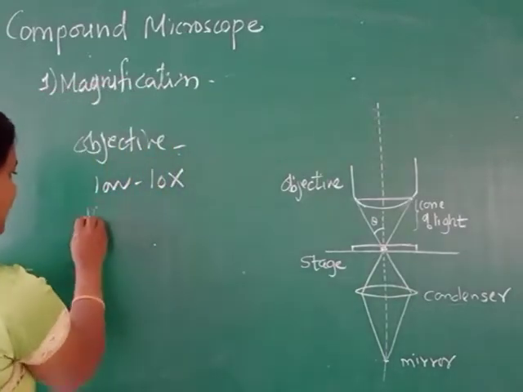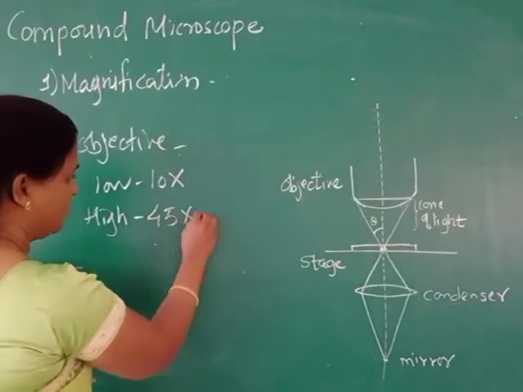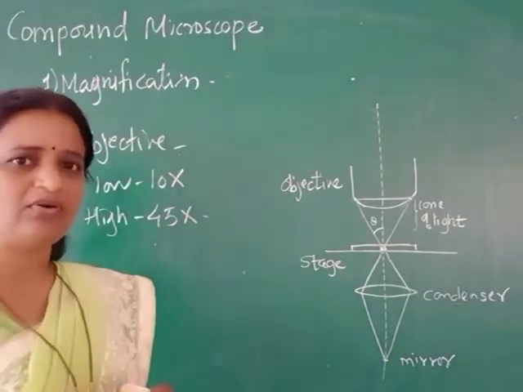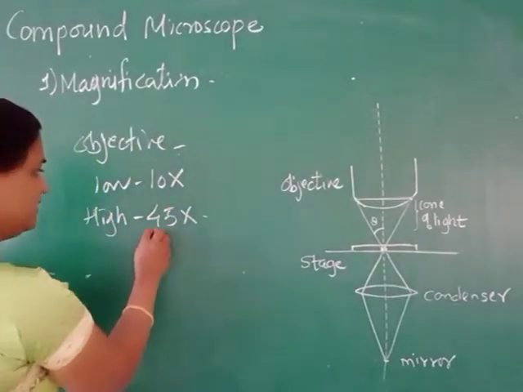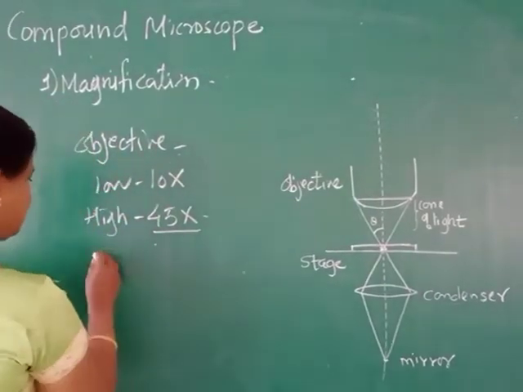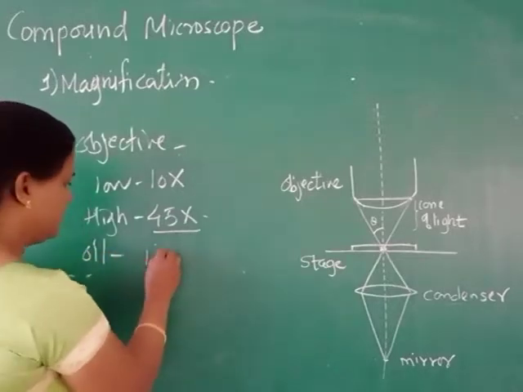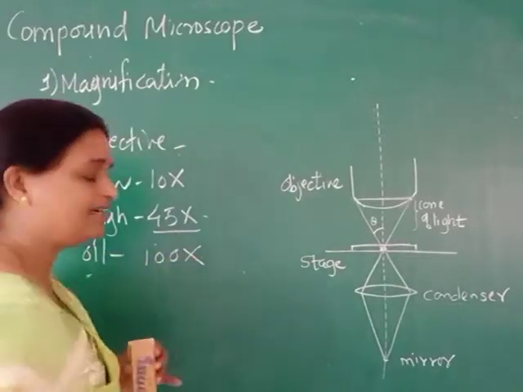The next is the high power objective, labeled as 45x or 40x, whose magnifying power is 45 times the original size. And the last one is the oil immersion objective, whose magnifying power is about 100x.